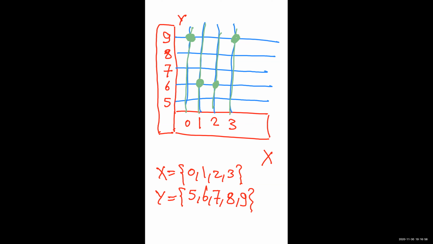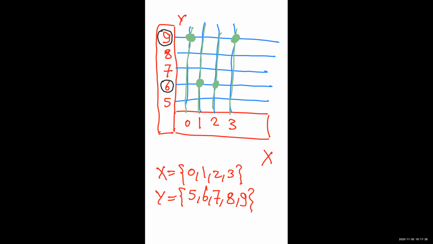Can we get the range? Of course we can. How? We said that the range is the images on Y. So the first element, 0, has an image here on Y, 9, right? Next element 1 has image here, 6.